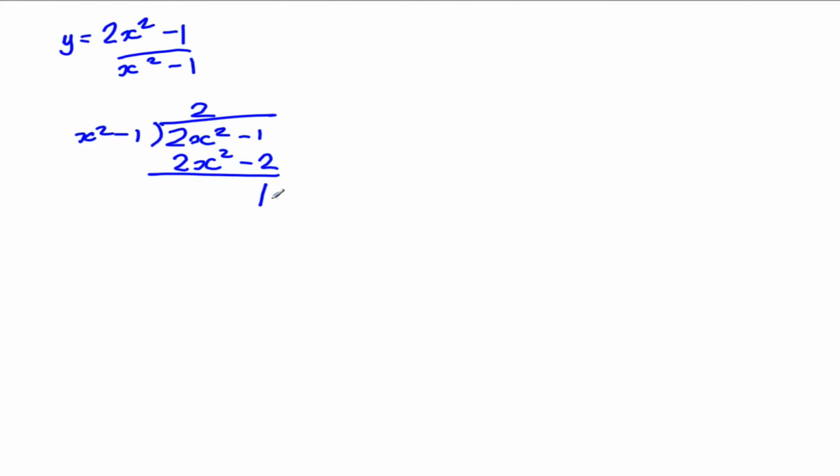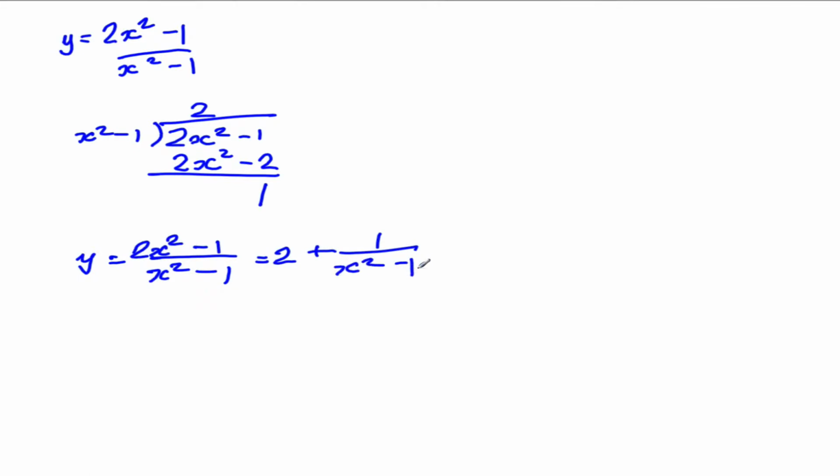Okay, so what does that give us? Well, that means we've got y equals (2x squared minus 1) on (x squared minus 1) is equal to 2 plus 1 on (x squared minus 1).